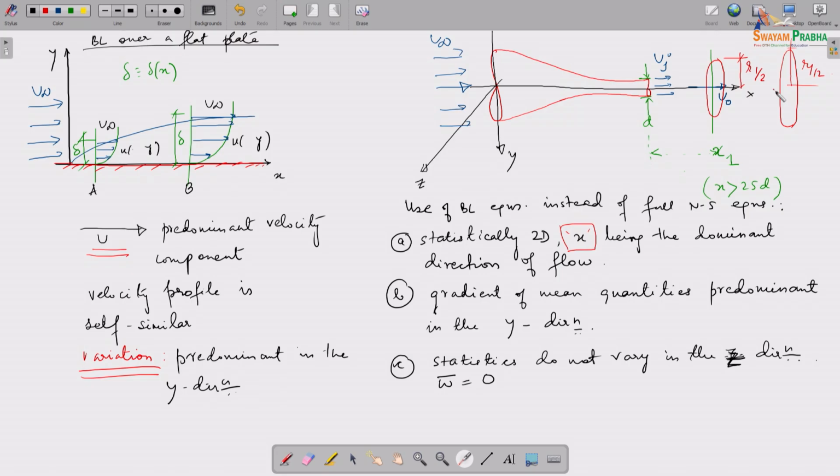So there is a lot of similarity, at least on the face of it, between the flow in a round jet and the boundary layer over a flat plate, and that is why we are thinking on these lines. So we reach u infinity. Here also the cutoff is, as we had said earlier.